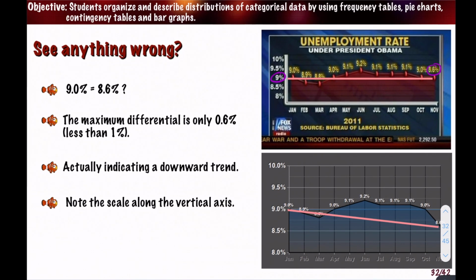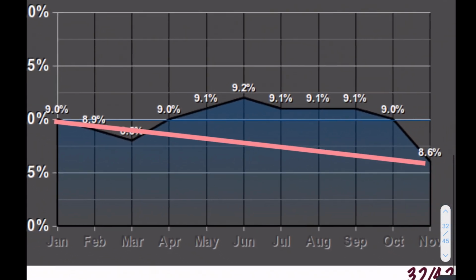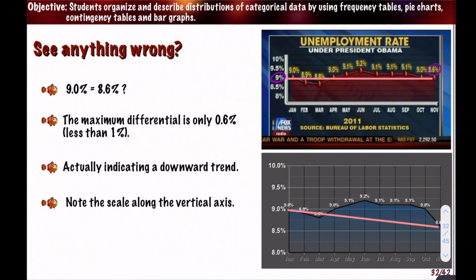I think you will all come to the same conclusion that those two numbers are different. But if you based your information solely off this chart, it looks like the unemployment rate has not changed. If we accurately represent the data, you can clearly see a downward trend. So note the scale along the vertical axis. It should be consistent.